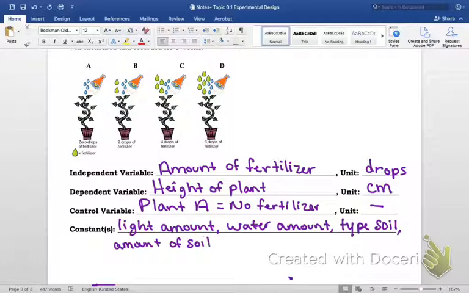You would want to be growing the same plant type or same species. So you probably are getting the point here. So it's things that in every single container or scenario should be kept the same.